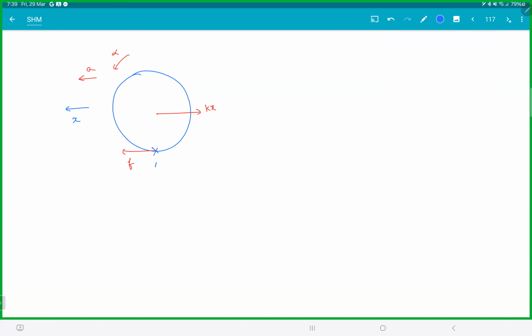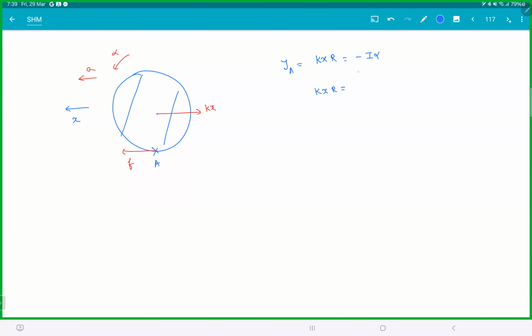Take torque about the bottommost point. That's the easiest one to do because there's no slipping. Torque about A will be Kx into R. Be careful, that is equal to minus I alpha because torque is this way, but you took alpha this way. Signs are important.